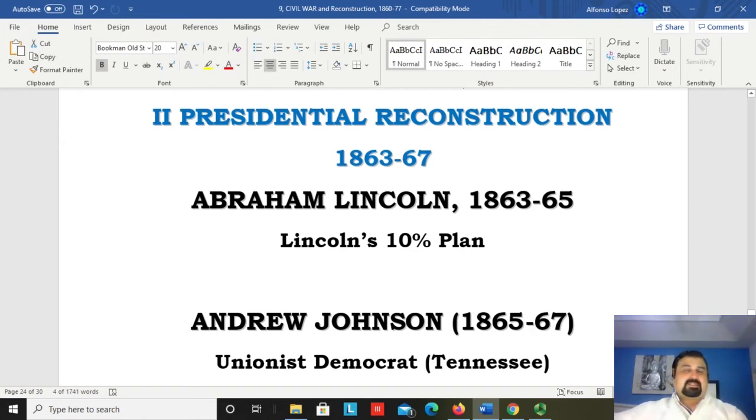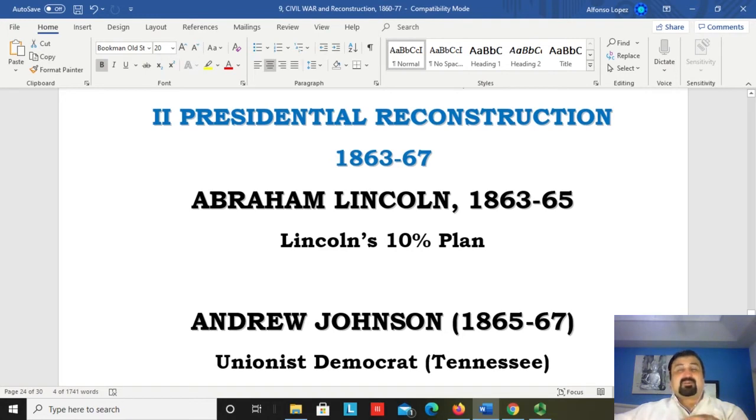So they're also the leaders of Reconstruction. During Presidential Reconstruction, there will be two presidents leading the way, but each implemented different policies that were very different from one another, by the way.